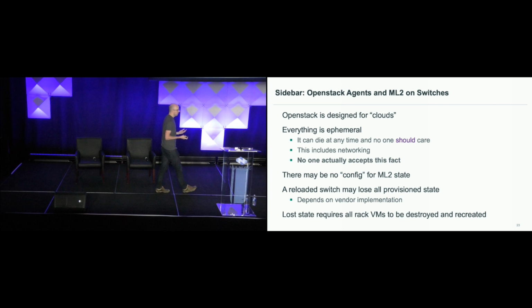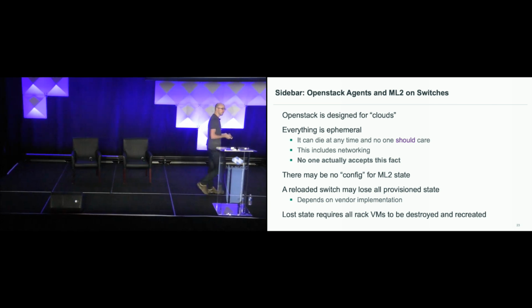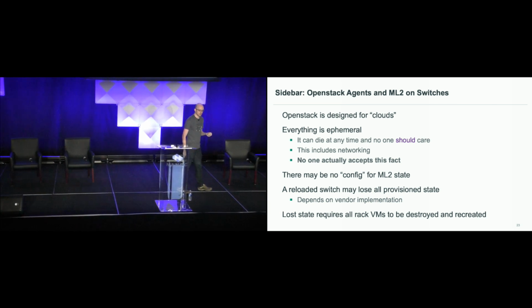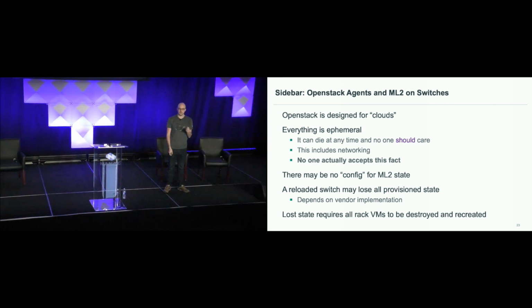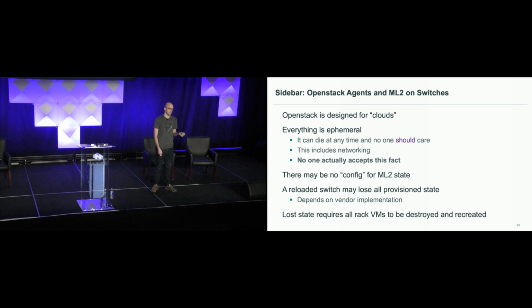And so what this can mean, though, is that the loss of state, the crash of a switch, the loss of power, a reload, means that every single VM in that rack would have to be re-provisioned to be able to get its network connectivity back, because it's ephemeral. OpenStack's not keeping these lists. It doesn't know what these things are. It can't scale that way. It made an API call and expected that API call to be fulfilled.